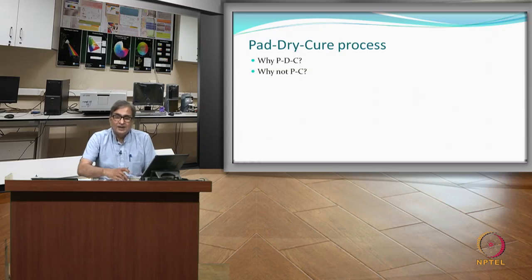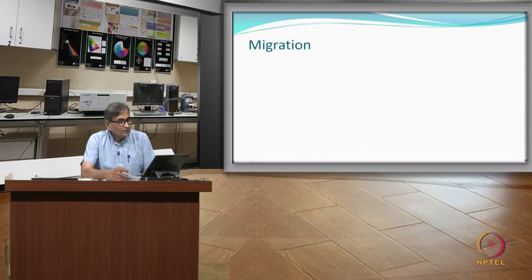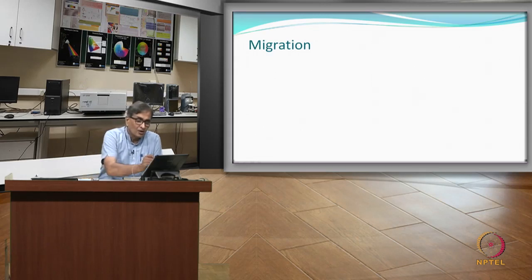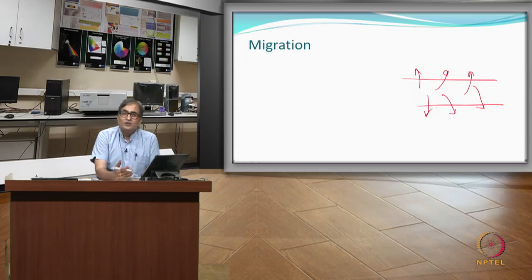We said there can be non-uniform treatment, and why? It is because we can have migration of chemicals across the material, with a tendency to move out along with the water which is being evaporated.